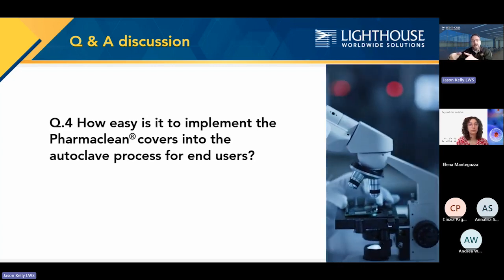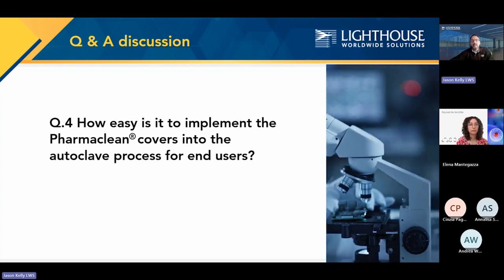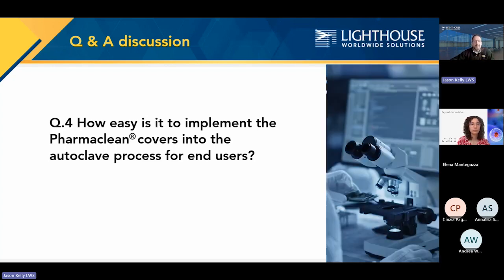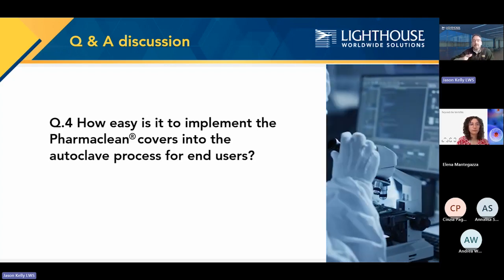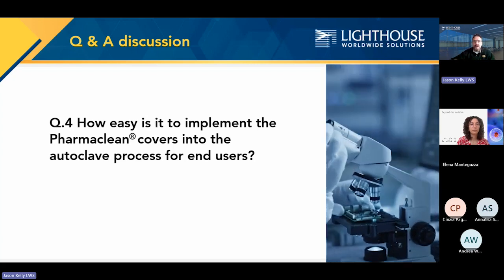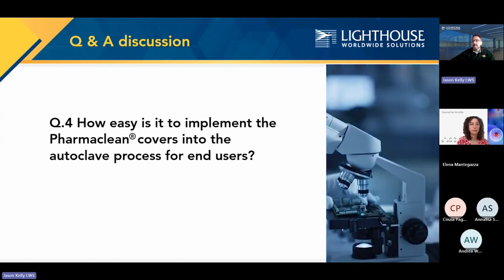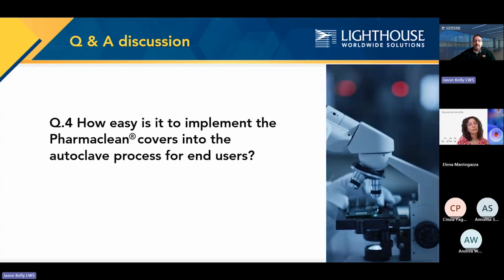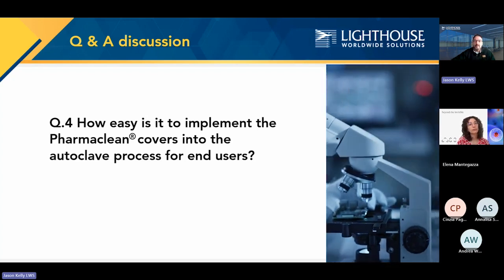I wouldn't start looking there. I'd look somewhere in the weaker links of the actual process to see where this CFU came about. Obviously, the location is going to be a big giveaway to start your investigation. But in terms of how you've seen the uptake in industry for this particular product?